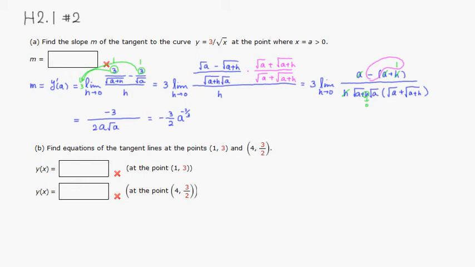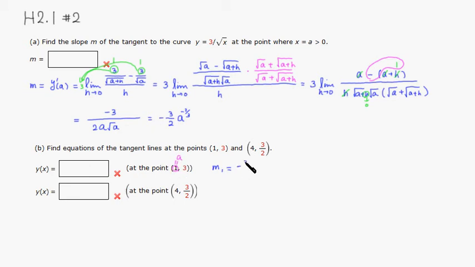For the first one, m1, we have the formula already given, so we can just use that. So a in this case is the a value, and we just have to plug in.